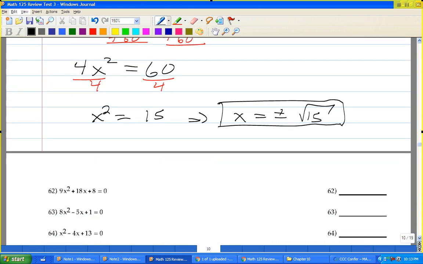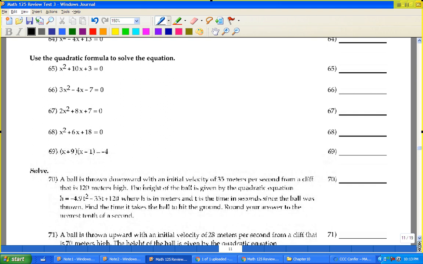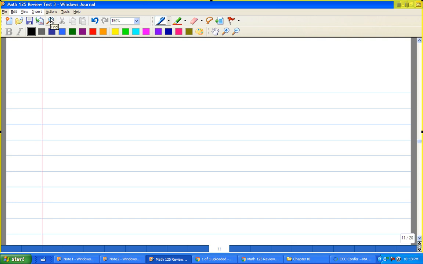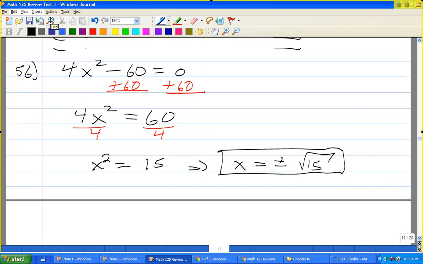So let's do problem 57. Let me insert a page. Okay. Good.